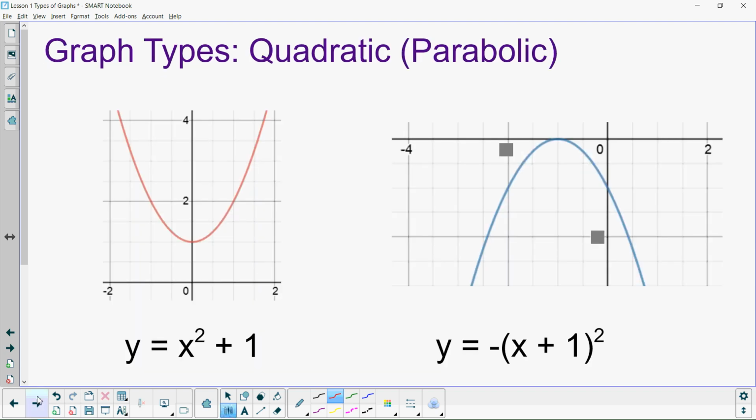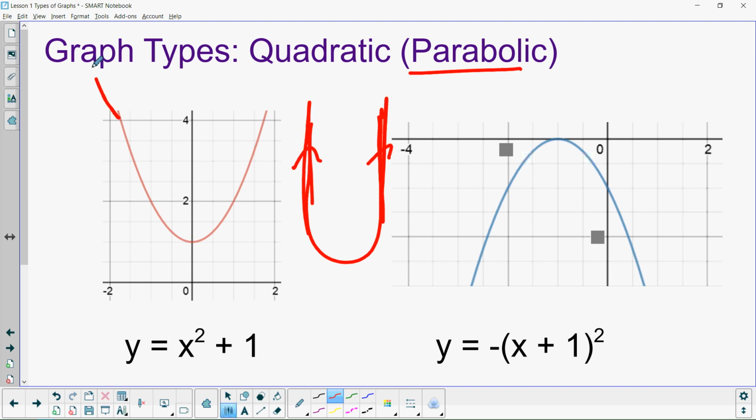The next type of graph we can have is a quadratic. Sometimes these are called parabolas, or they're parabolic. These look like big U's. They flare out. They never get vertical, so you won't ever have one where these are perfectly straight up and down and become parallel.